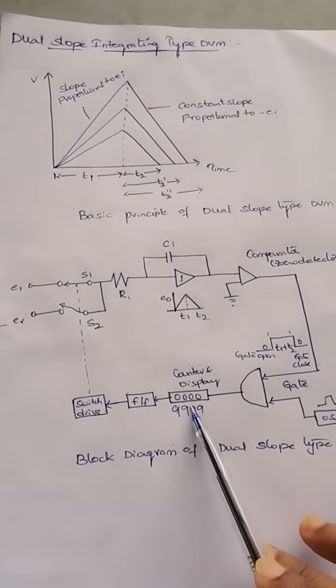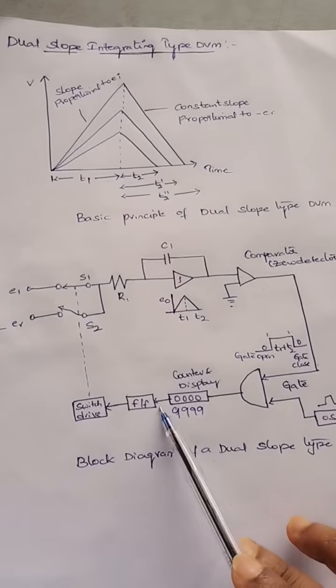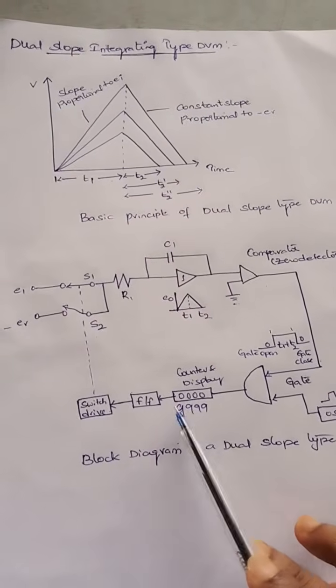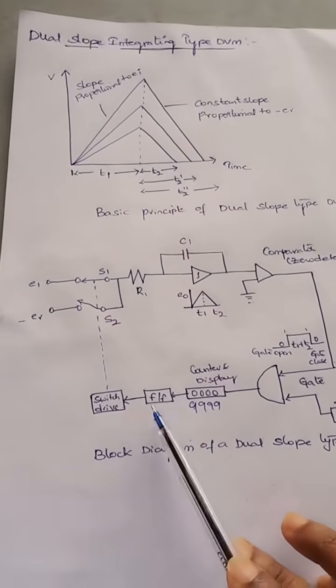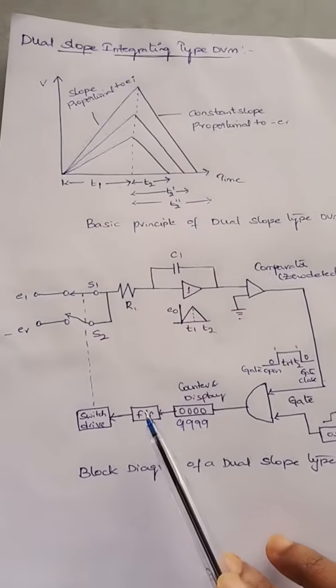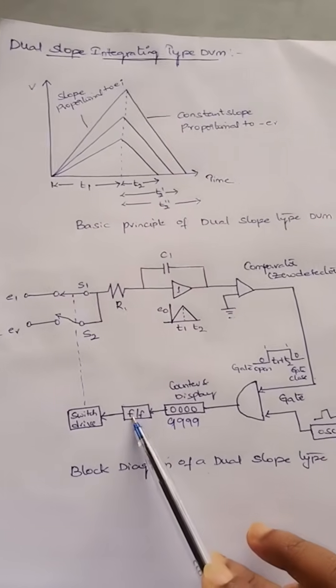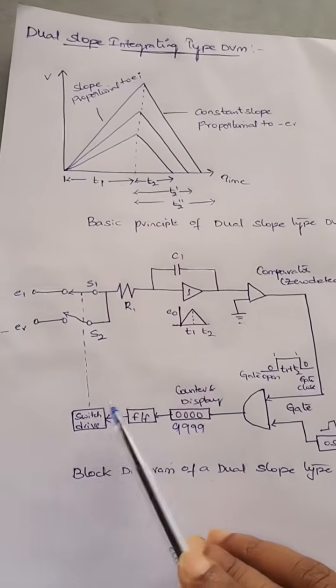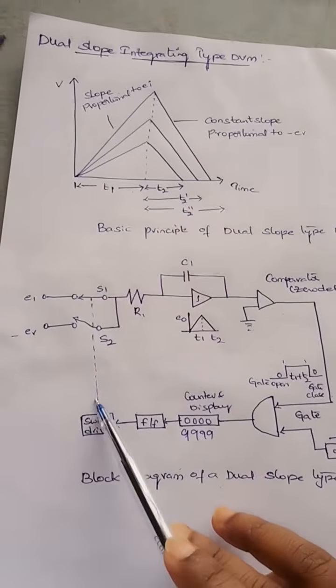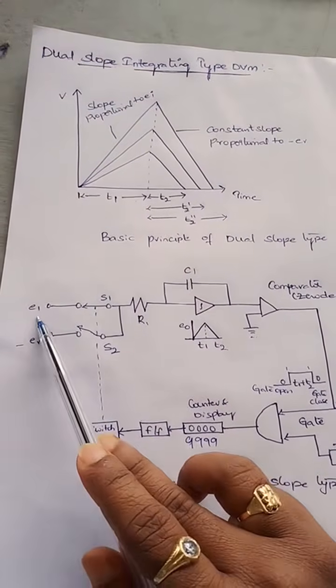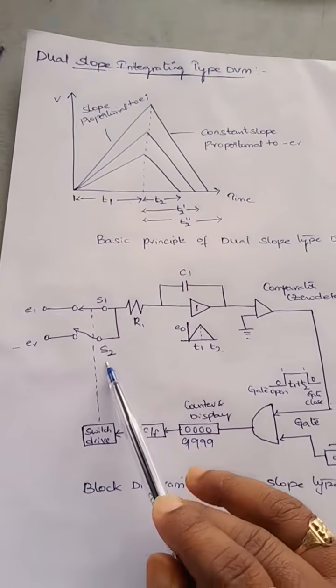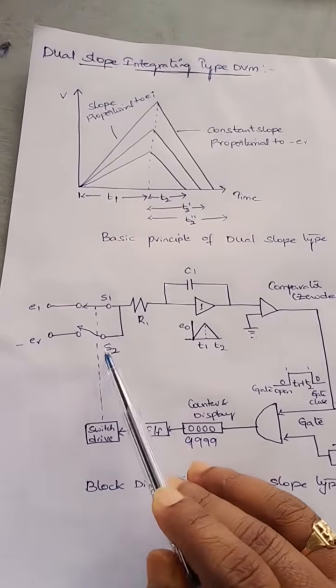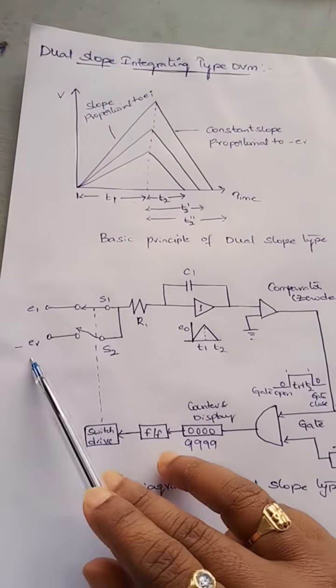After this, a carry signal will be generated in such a way that all the digits become 0 again and the flip-flop attains logic 1. Whenever the flip-flop attains logic 1, it is sent to the switch drive in such a way that the switch is disconnected from the input voltage and connects to S2. I mean S2 will be connected to the negative voltage, that is ER.